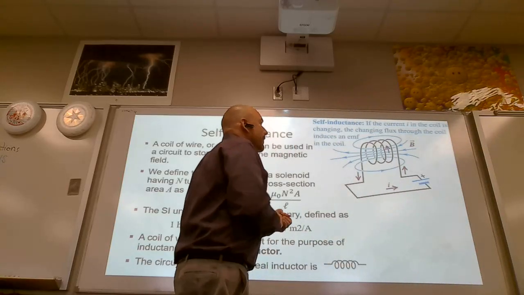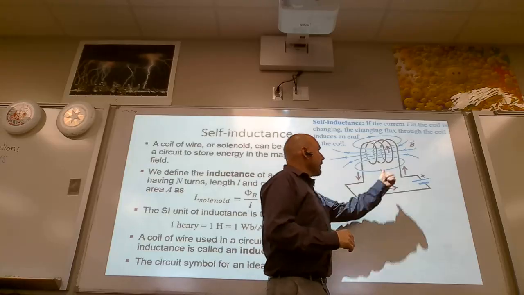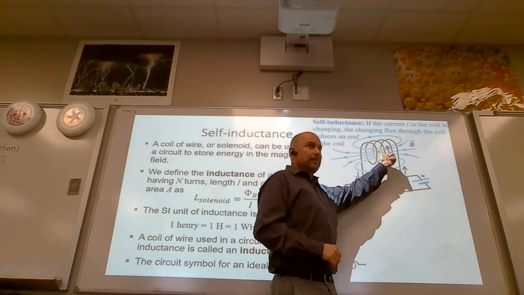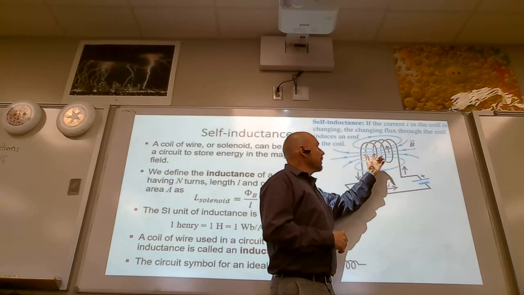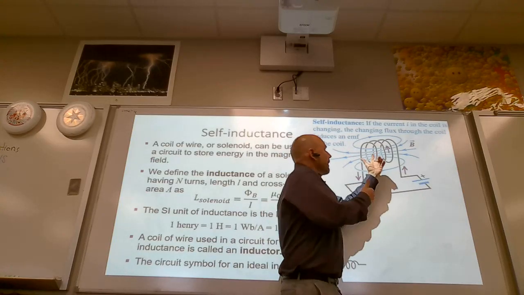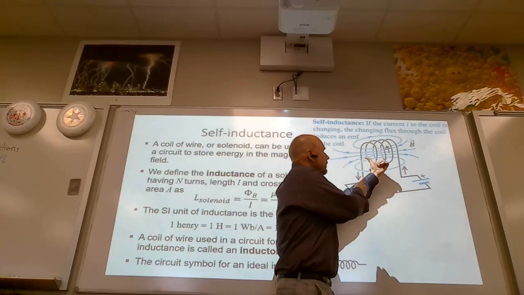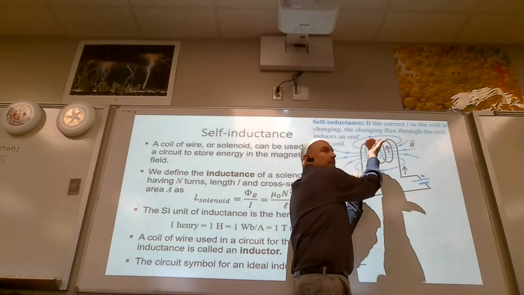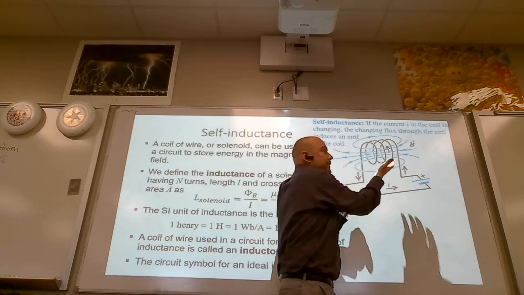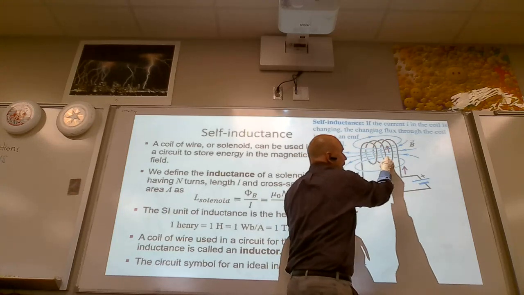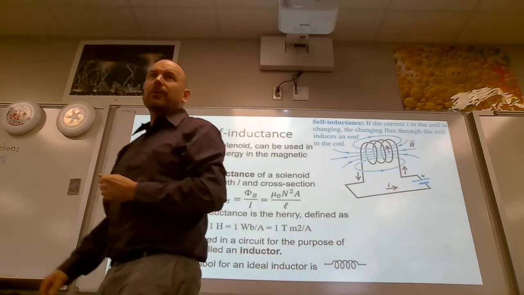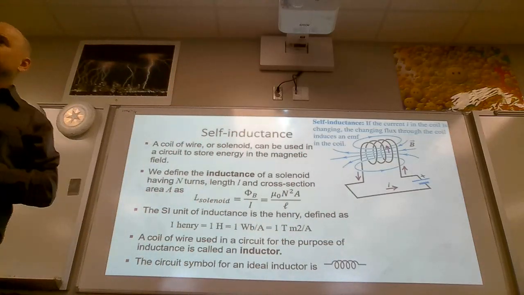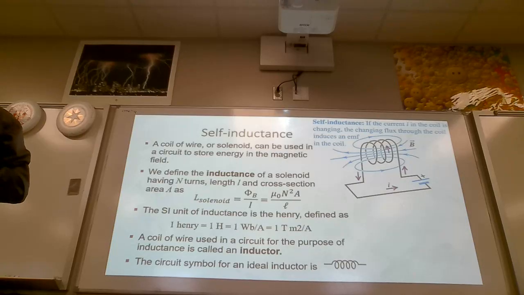What happens is that produces a flux going this way. Change in flux means there's an electric field that goes in opposition, this way. If you notice, this is in the opposite direction of current flowing through that solenoid. Does that make sense?